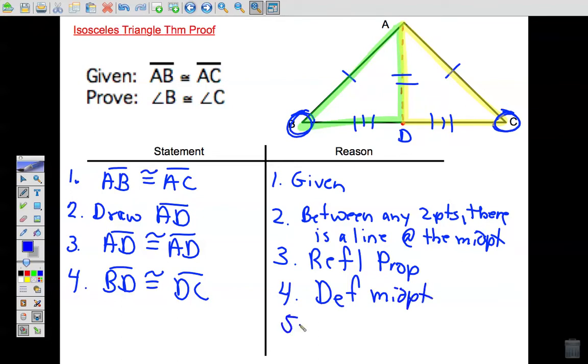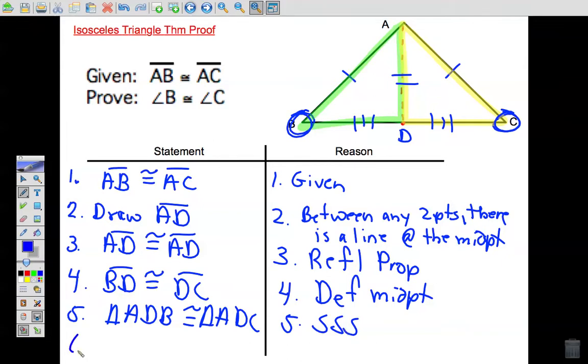Now, in statement 5, can I get those two triangles congruent to one another? I can. So I could say that triangle ADB is congruent to triangle ADC. And the reason is 3 sides in one triangle congruent to 3 sides of another triangle.